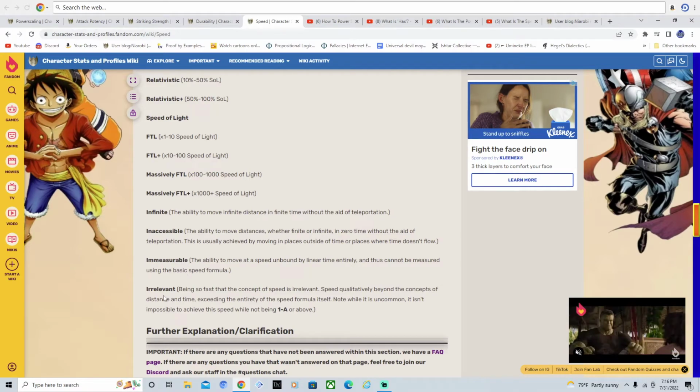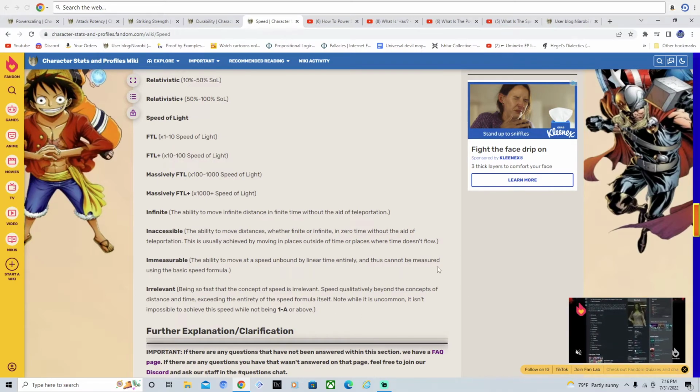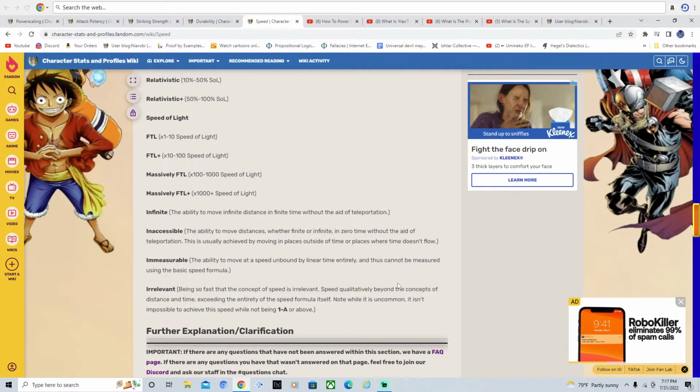Now, obviously, there's universal versions of Superman and irrelevant speed versions of Superman, but that's not the point here. The point here is that by the rules of power scaling, and then by the rules of DC, Superman is an immeasurable speed character, several levels beyond other characters that are also considered immeasurable speed.